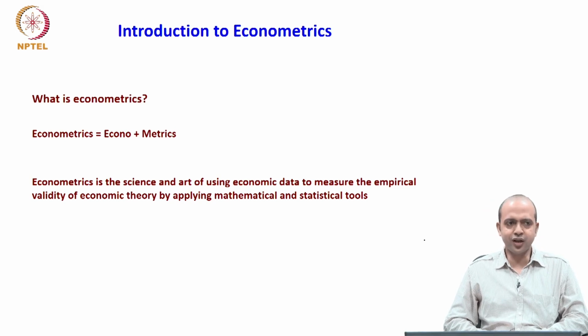Similarly, in econometric analysis also we observe certain behavior, particularly some social behavior, then we collect data pertaining to that behavior, analyze those data and come to a conclusion. And what is the objective of that? The objective of that data analysis is to come up with a conclusion so that we can say whether a particular economic theory is valid in a particular context or not, right.